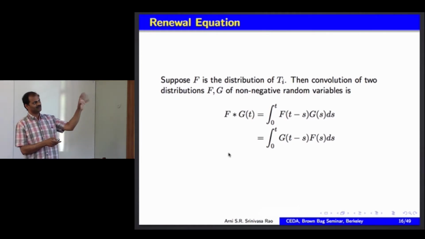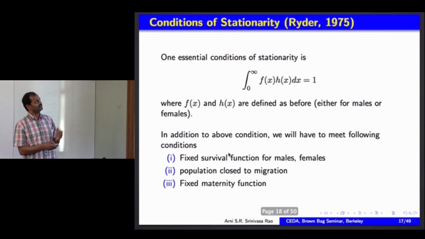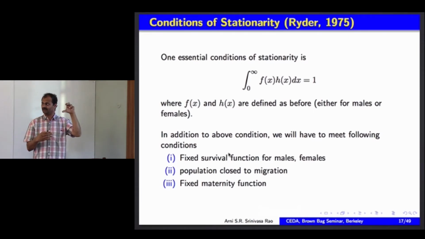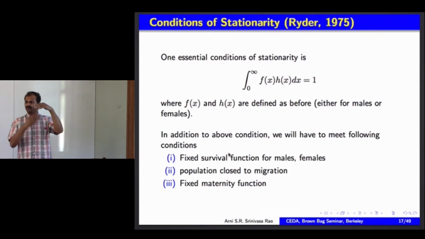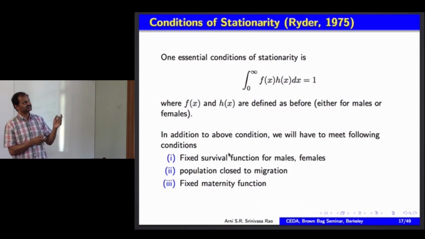And then this is just simple background; we all know what we mean by convolution of two functions. After the William Feller and Alfred Lotka story, Ryder gave a proper definition, with some conditions, of what a stationary population looks like. He says that one essential condition of stationarity is that the integral of fx hx equals 1, that is, a maternity function and a survival function, whatever we discussed, whose integral is 1, where fx is defined as before.